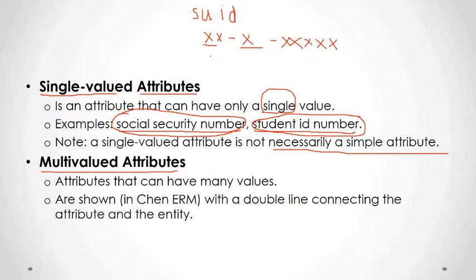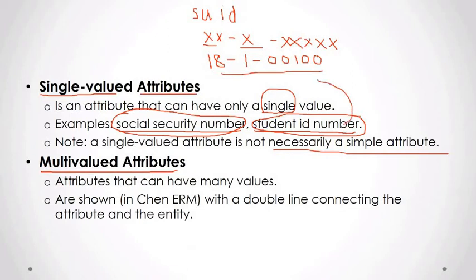So probably you might have something like 18-1-00100. Okay. So this is an ID.